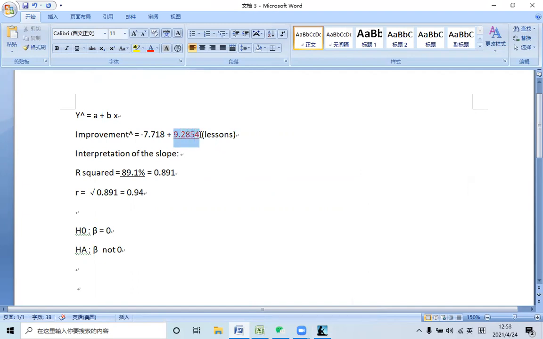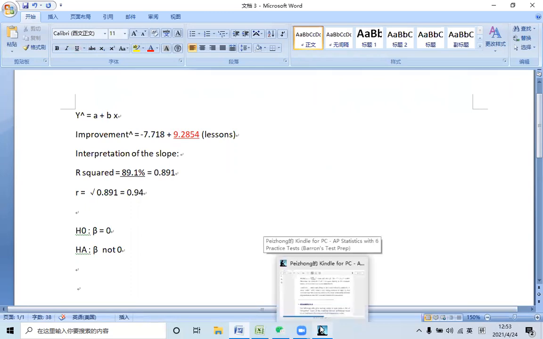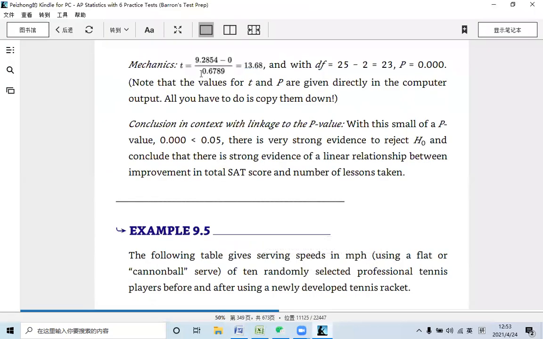So you calculate the difference between what you observe and 0, and you divide it by the estimated standard deviation. The estimated standard deviation is here, 0.6789.